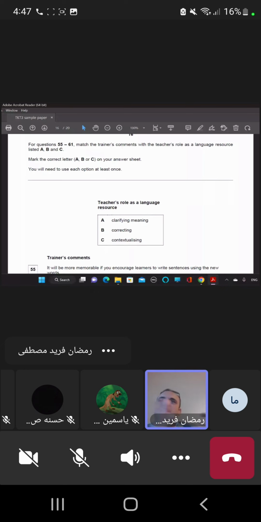So you are matching the two statements together, the teacher's comment versus the teacher trainer. يعني انا اكني مثلا teacher trainer وانت teacher، فانت بتشتكي من حاجه فاقول لك اديك نصيحه بقى انت المفروض تعمل كذا كذا. Okay. The next question: match the learner's comments with the teacher's role as a language resource listed.